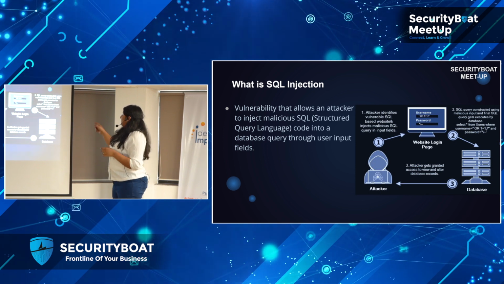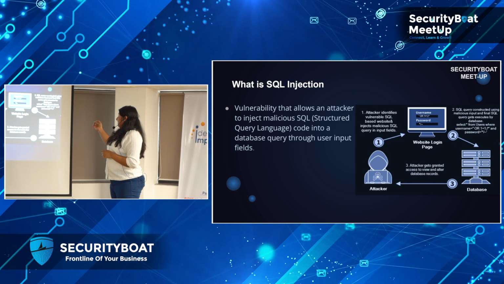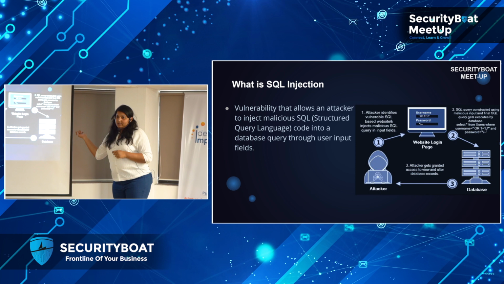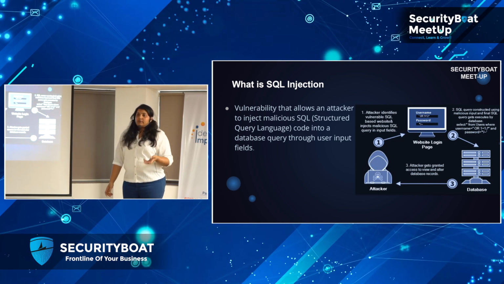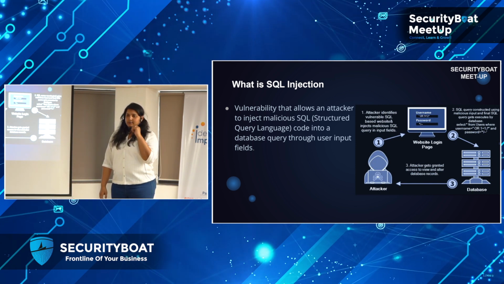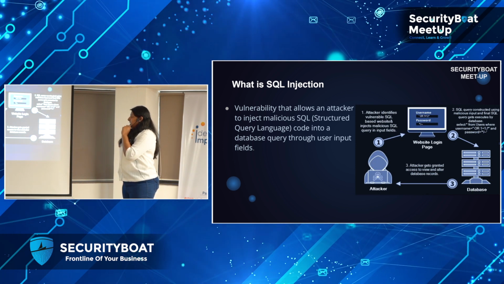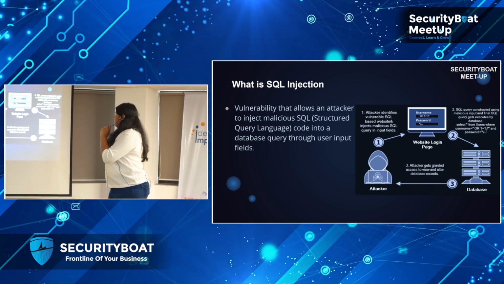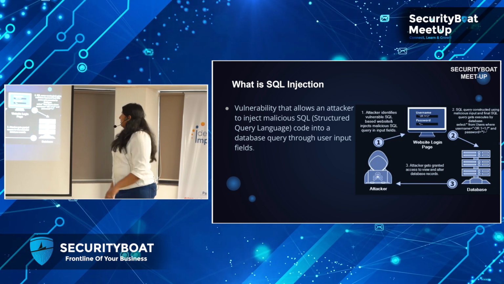This malicious input provided by the attacker is processed and the SQL injection query is generated using that input without any sanitizing or escaping of the special characters. Hence, it is directly executed at the database, providing unauthorized access to the attacker. So this is the basic flow of SQL injection.